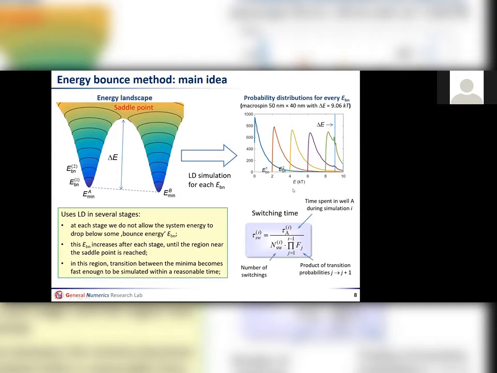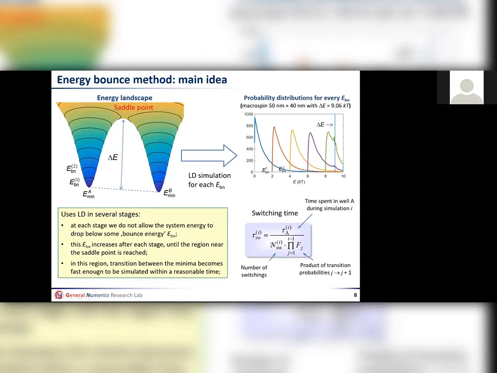And your problem is that in order to calculate the switching time from here to here, you have to take the switching time when the system is at the level high enough to find sufficiently many transitions with the usual Langevin dynamics.